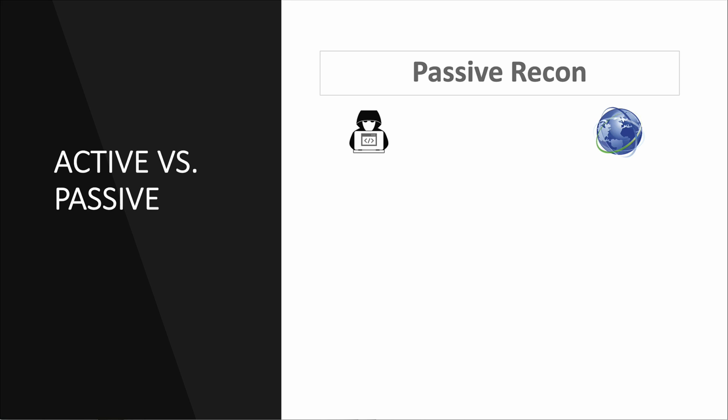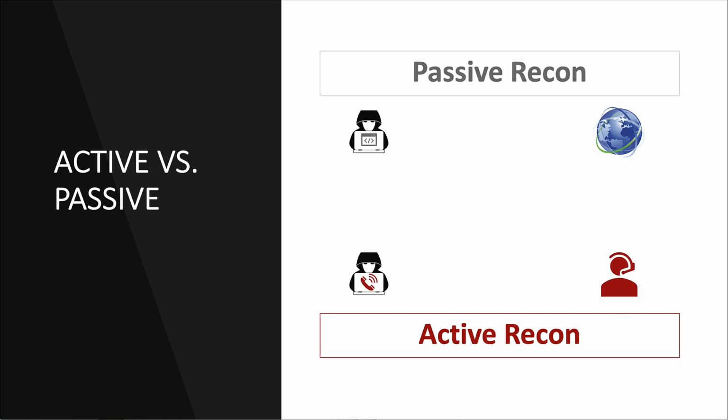You gather it with no interaction with the target whatsoever. For instance, you may perform a web search. On the other hand, active reconnaissance involves exposing our information gathering to discovery. So, for example, when you call a company from your phone, this is traceable back to you.